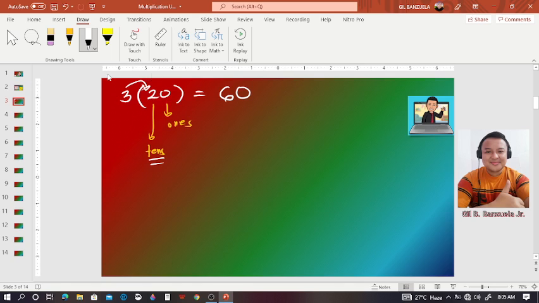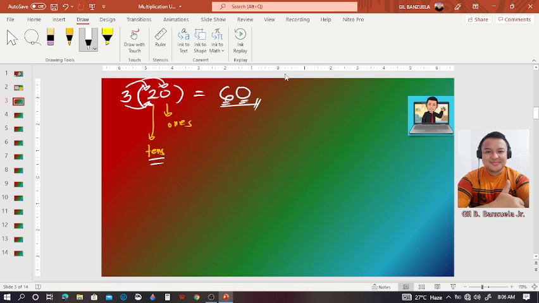Then 3 times 0 is equal to 0. So basically, our answer is 60. Hindi tayo nahirapan na minultiply natin ang 3 times 20. Ang sinagot lang natin, guys, ay ang 3 times 2, which is 6. And since ang 6 ay nasa tens place, automatic we need to add 0.